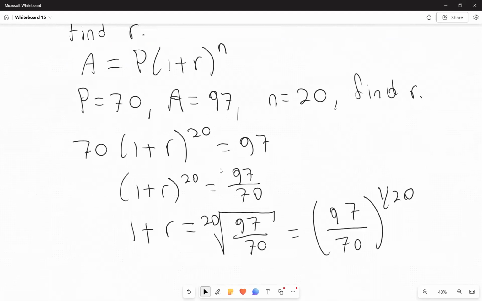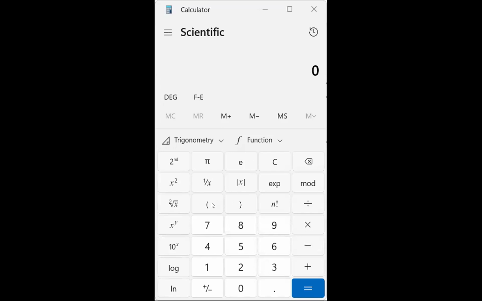Okay, so we are going to plug this in a calculator. It's important to use grouping symbols. This is 97 divided by 70, and then to the power of 1 over 20. So that's approximately 1.016.